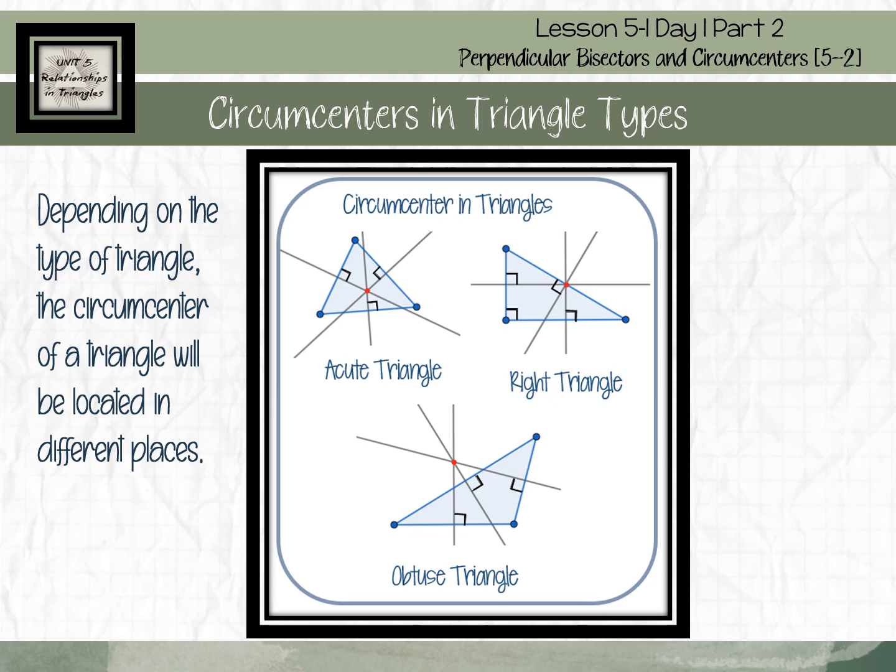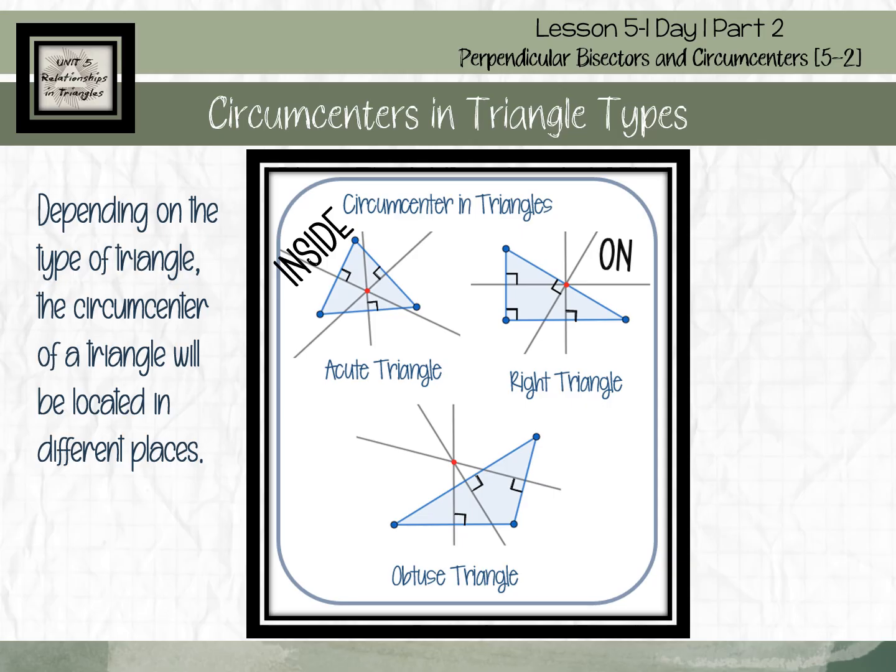Circumcenters in triangle types. We discovered this when we did our Desmos activity. Depending on the type of triangle, the circumcenter of a triangle will be located in different places. That first one, an acute triangle, is always going to be inside the triangle.